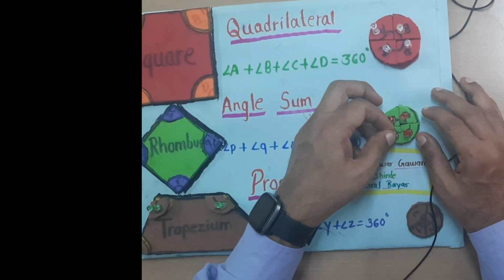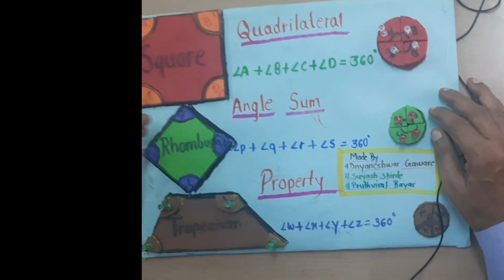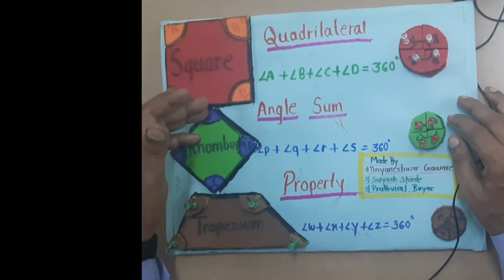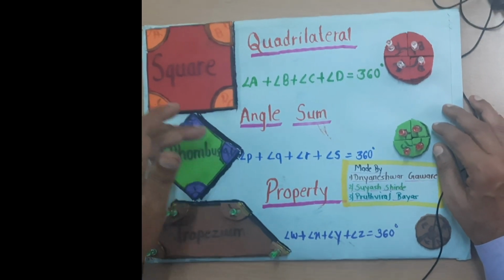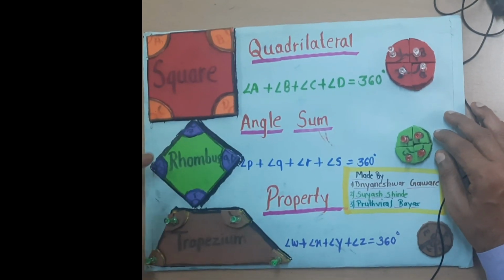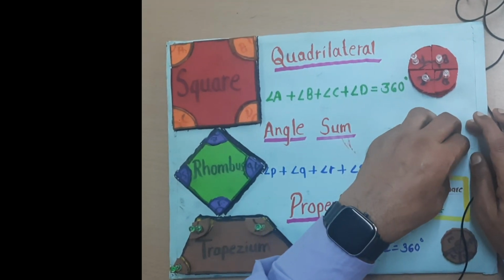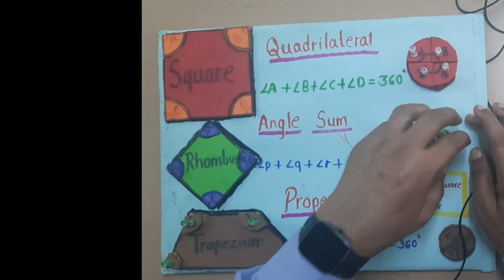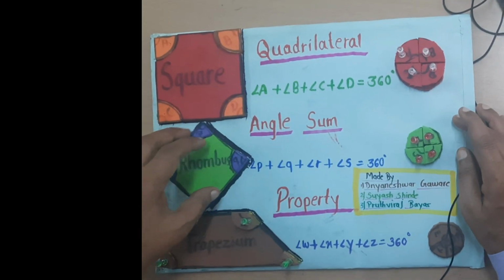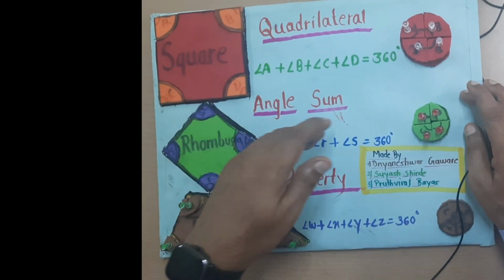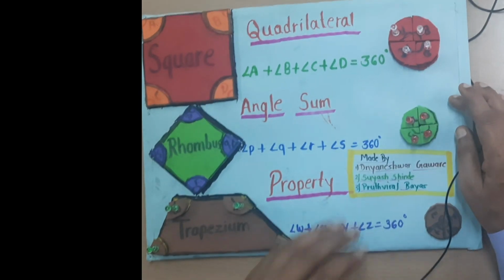Now when we place all these four angles from the rhombus PQRS, this angle plus this angle plus this angle plus this angle is equal to a complete circle. The sum of four angles is equal to a complete circle. That means the angle sum property of a rhombus says that the sum of four angles is always equal to 360 degrees.